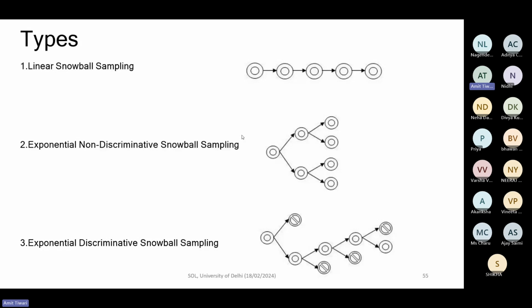Then exponential discriminative snowball sampling is another, where instead of choosing everyone who is named by the expert, you discriminate, not taking some of them and taking the remaining others. So that is called exponential discriminative snowball sampling.